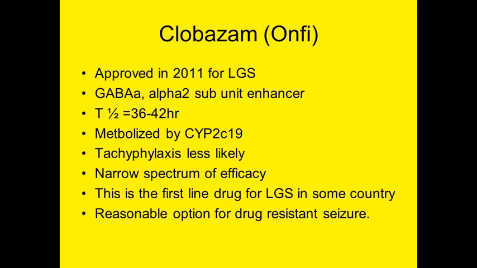It is a very good drug in some sense. It's potent, but has a narrow spectrum of efficacy. Tachyphylaxis is less likely. This is a first-line drug for Lennox-Gastaut syndrome, but it's also a reasonable option for drug-resistant seizure.